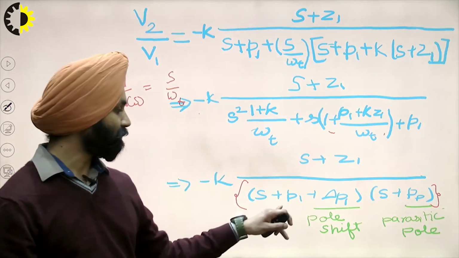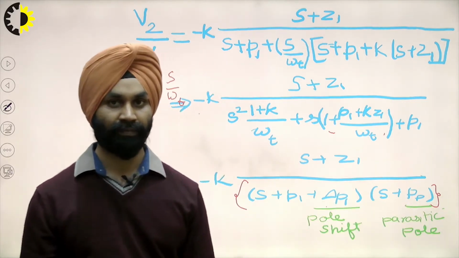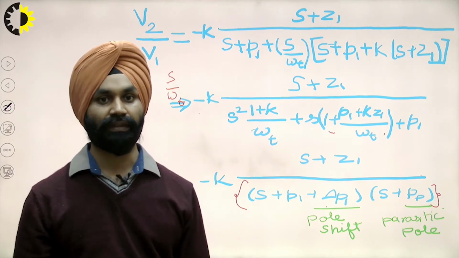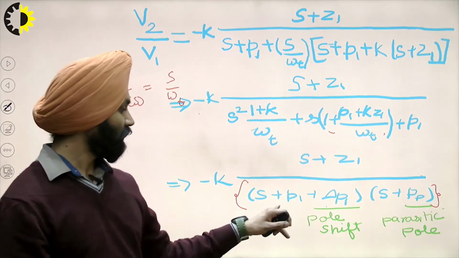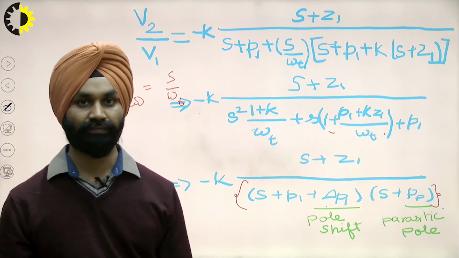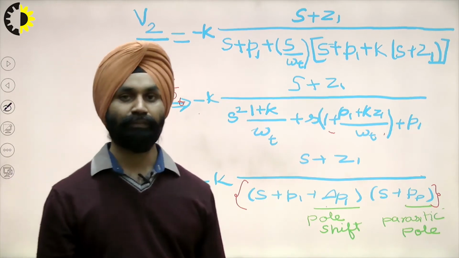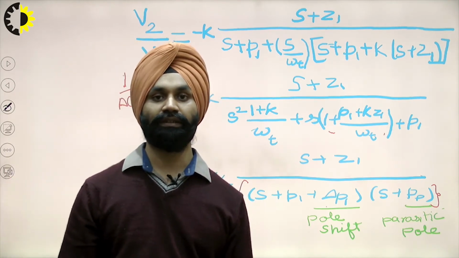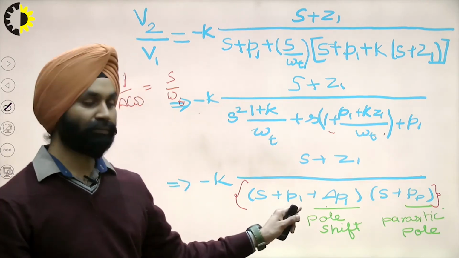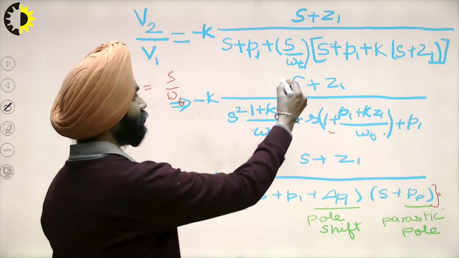Let us suppose that is P1 plus delta P1 and Pp. Now this Pp is the parasitic pole, the extra pole that we need. Delta P is the shift in the actual poles. So rather than getting the pole P1 of the ideal case, it will be shifted by delta P due to the non-ideal characteristics of the op-amp.